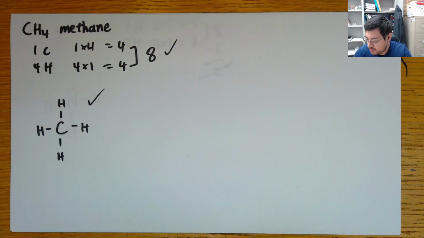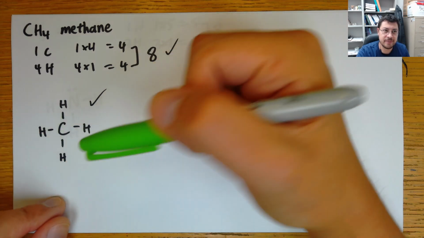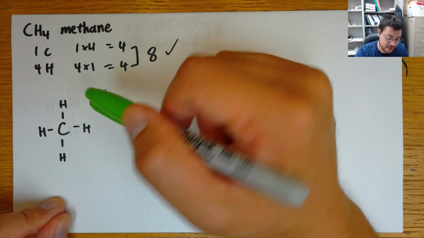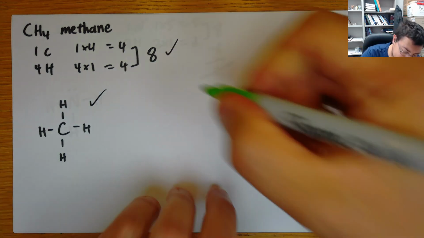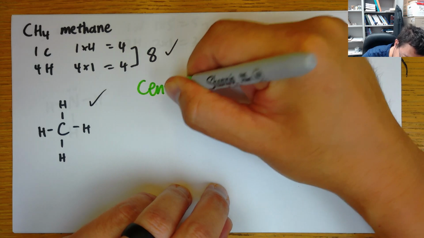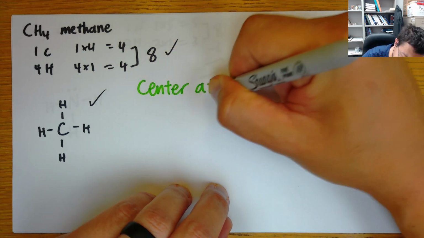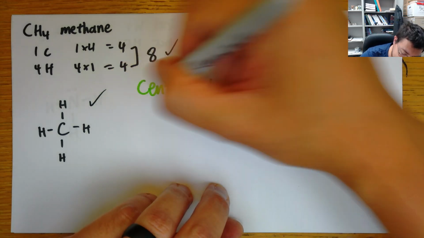What we're going to be looking for is counting the number of atoms that are bonded to the center, and we'll be counting the number of lone pairs on the center. So I'll just call this a central atom, a center atom, central. I can't decide which adjective to use. Center atom analysis.